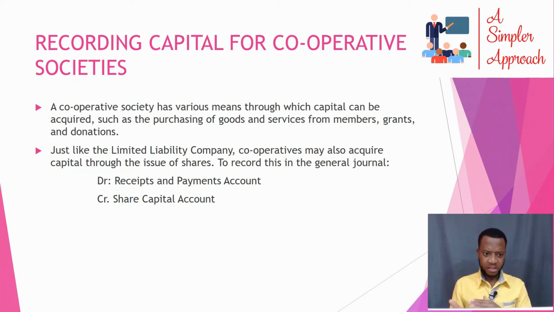For cooperatives, it is called the receipts and payments account. Cool? It's pretty much the same thing. It serves the same function. We're recording everything that comes in and everything that goes out in terms of cash and checks. But in terms of name or title, regular businesses, cash book; cooperatives, receipts and payments account. Okay?